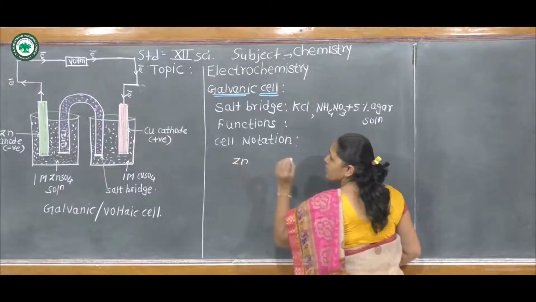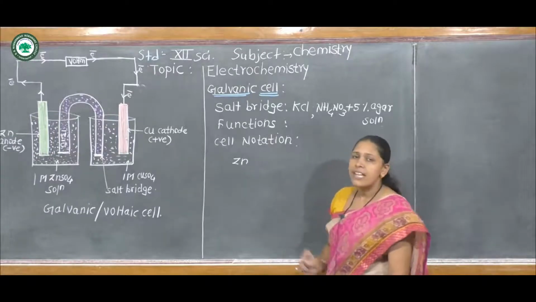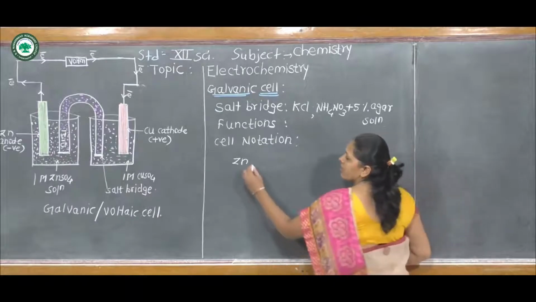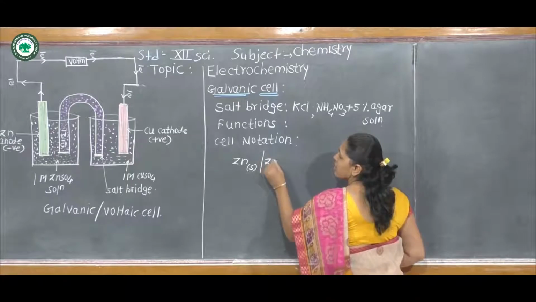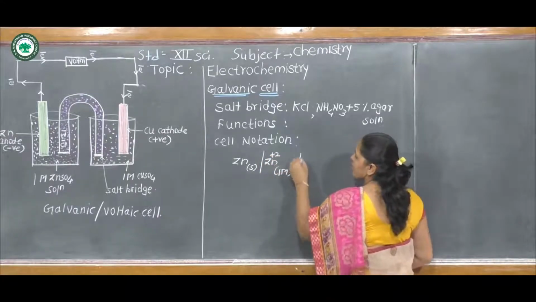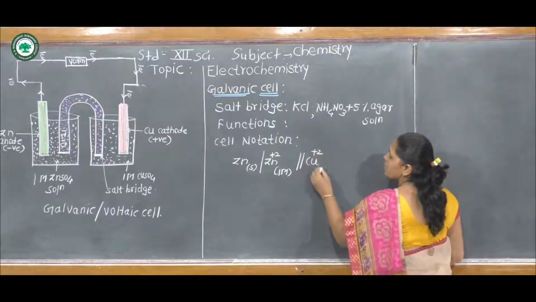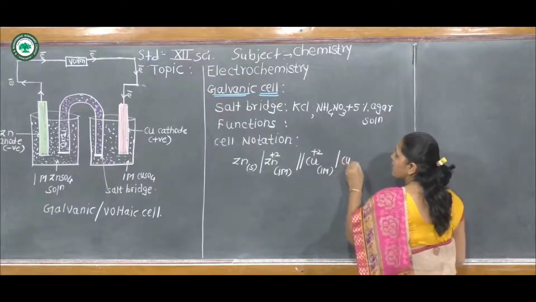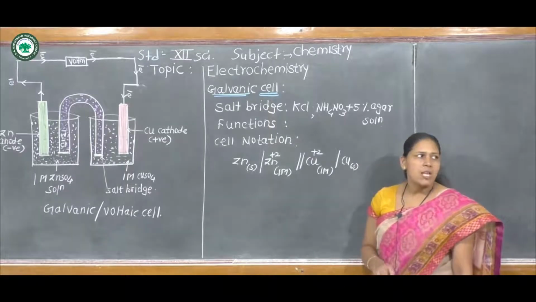Here, the zinc electrode acts as an anode, therefore it is placed at the extreme left-hand side of the cell notation. Zn solid, single vertical line, Zn2+ ion having 1 molar concentration, double vertical line, Cu2+ having 1 molar concentration, single vertical line, Cu solid. This is one type of cell notation.